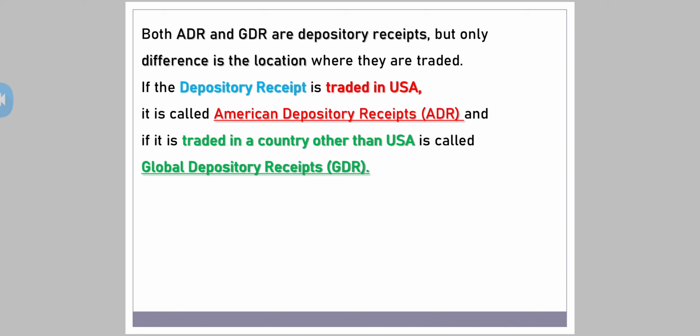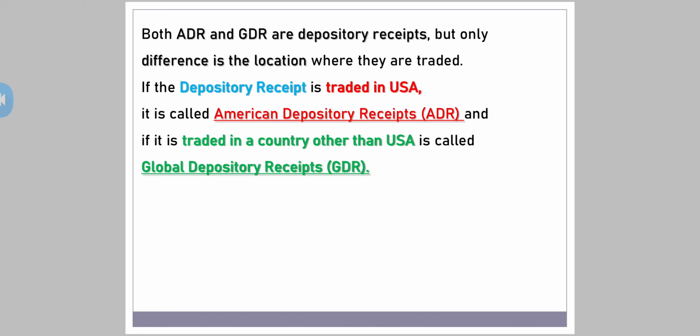See, both ADR and GDR are depository receipts. Both are the same, they are both depository receipts. The only difference is the location where they are traded. If a depository receipt is traded in the USA, it is called an American depository receipt, and if it is traded in a country other than the USA, it is called a global depository receipt.